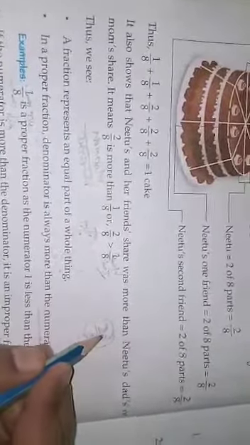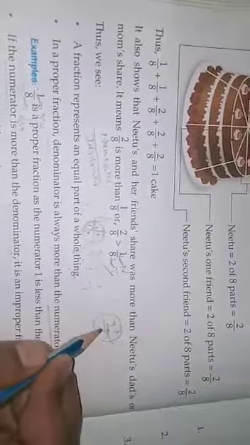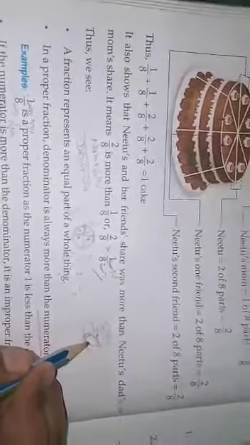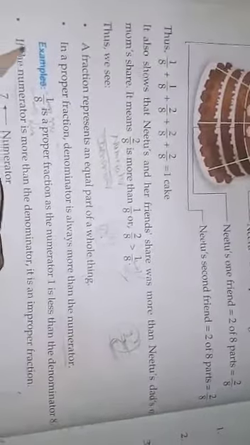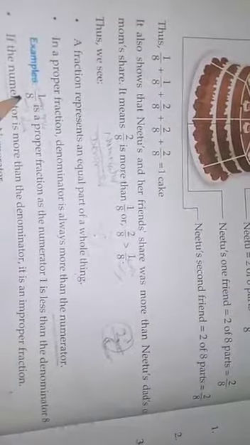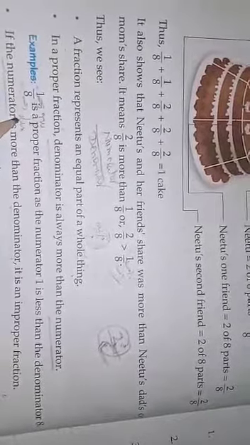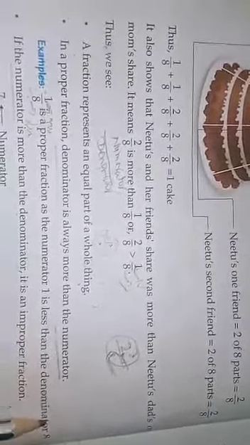For example, here the numerator is 2 and the denominator is 6, and the denominator is more than the numerator. It means this is a proper fraction. Example: 1 upon 8, where 1 is the numerator and 8 is the denominator. It is a proper fraction as the numerator is less than the denominator 8.